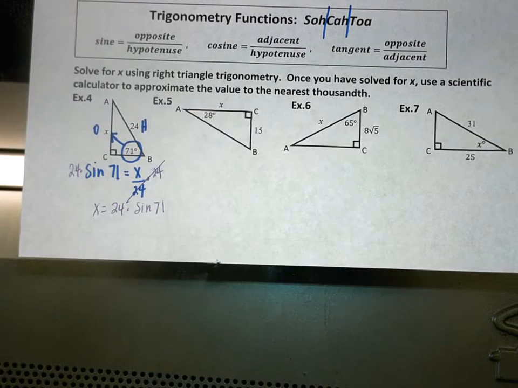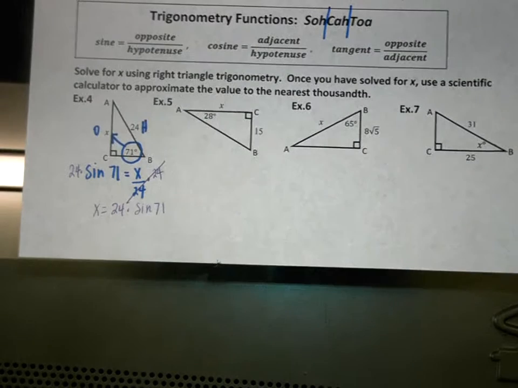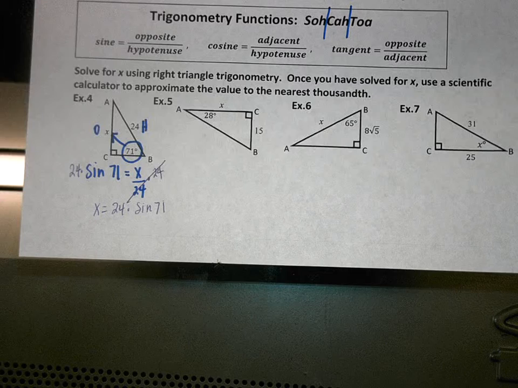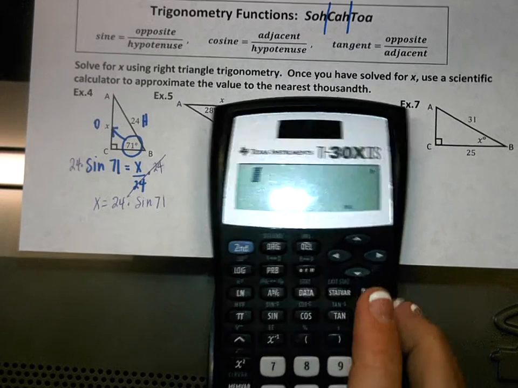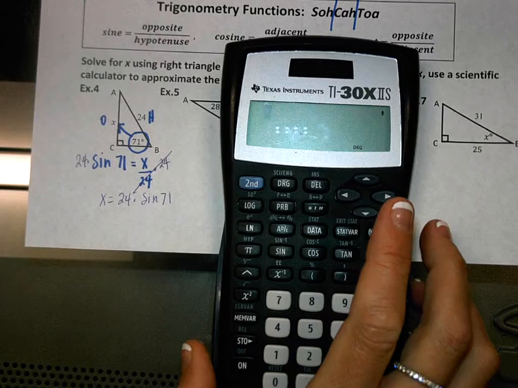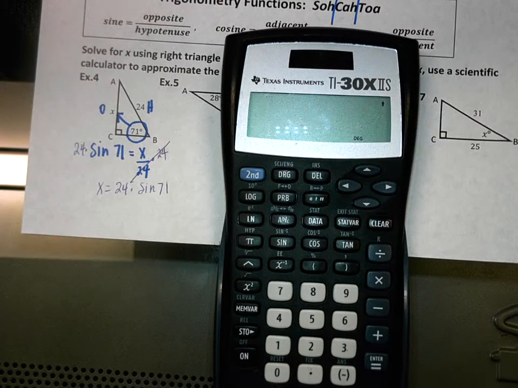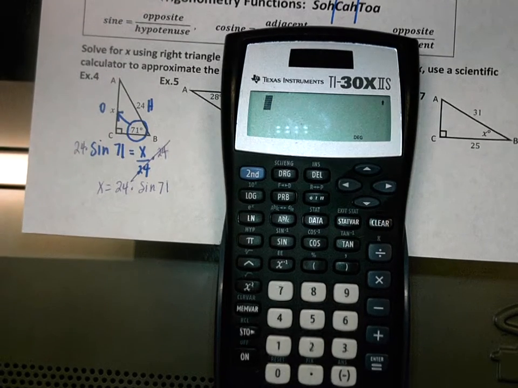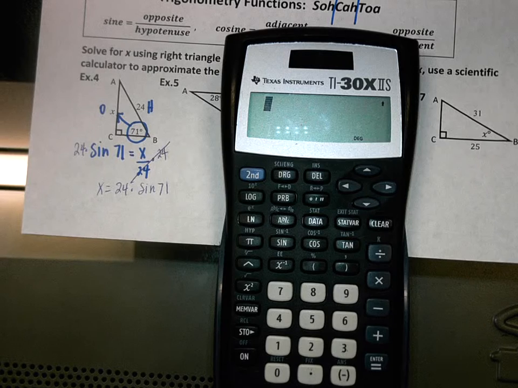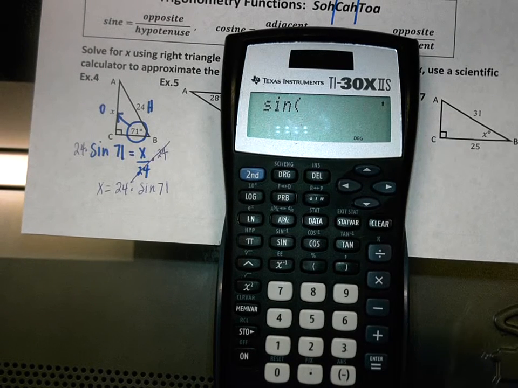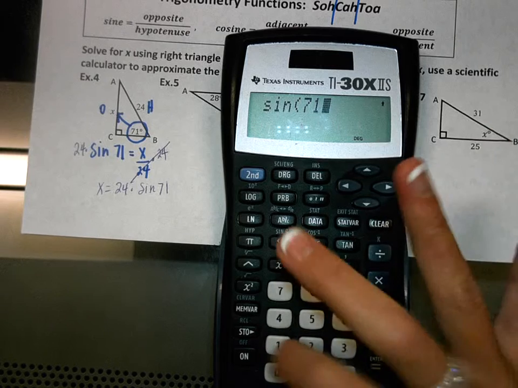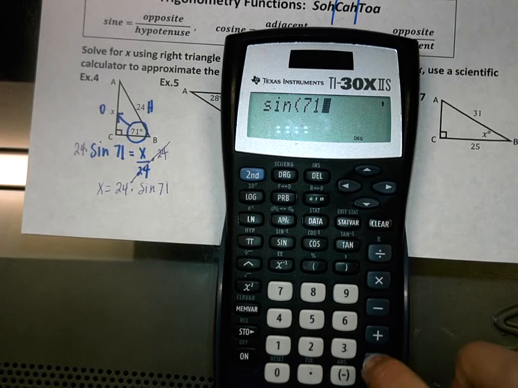So this is where we're going to get our calculator. If you don't have a scientific calculator, I would get one out or borrow one from me, so that you can practice. For my calculator, I would type in first sine, so that's your sine key, and then type in 71, and then enter.